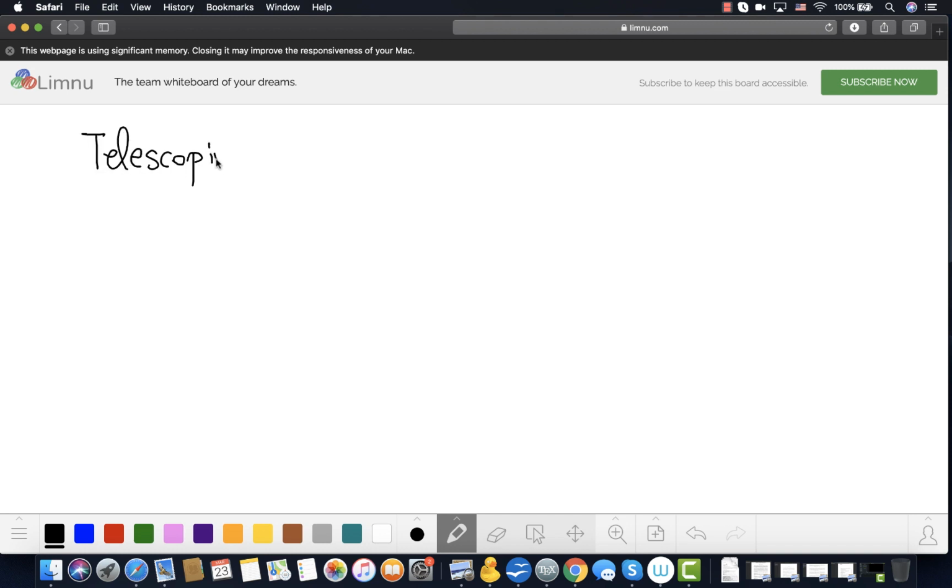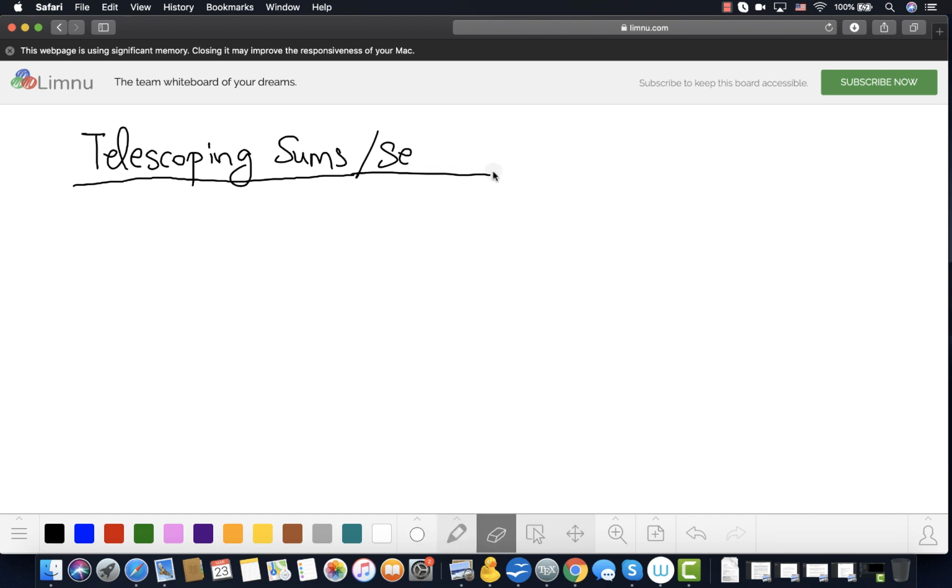Telescoping sums appear in the textbook, and they're very prevalent in math, and you should definitely expect to see them in the exams. So telescoping sums, or series, are particular infinite series for which, when you compute the sequence of partial sums, there's a massive amount of cancellation.